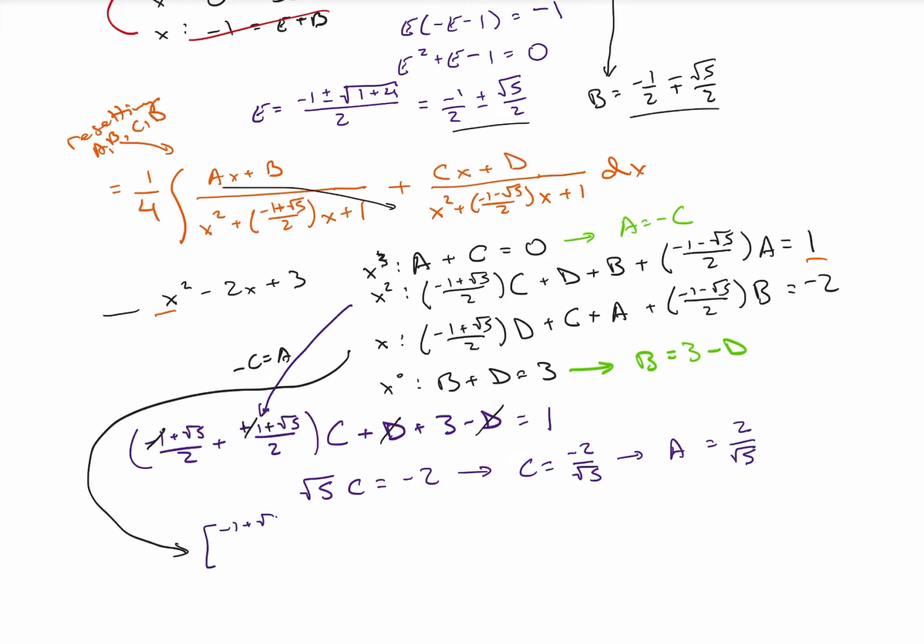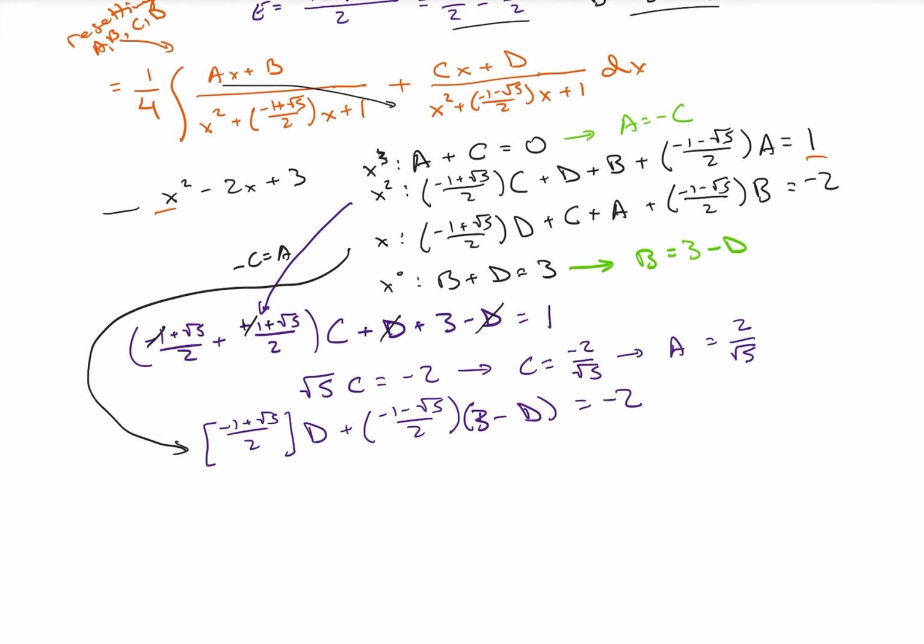So I'm going to be left with (negative 1 plus root 5)/2 times d, plus c and a cancel, plus (negative 1 minus root 5)/2 times (3 minus d) is equal to negative 2.